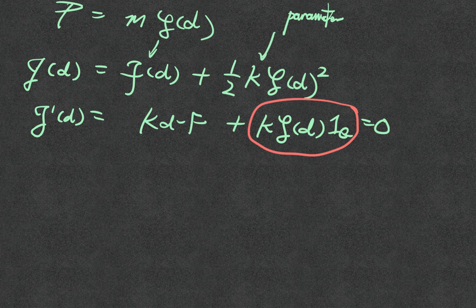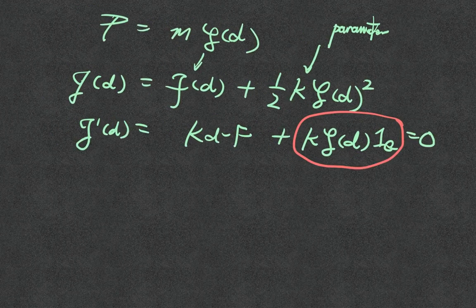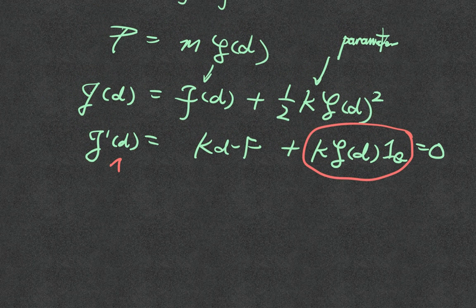You see, it's very much like the Lagrange multiplier. The key difference is that this one doesn't introduce an additional degree of freedom. Only d is the unknown. But the expense is that I need to introduce a parameter k. K is a hard parameter.